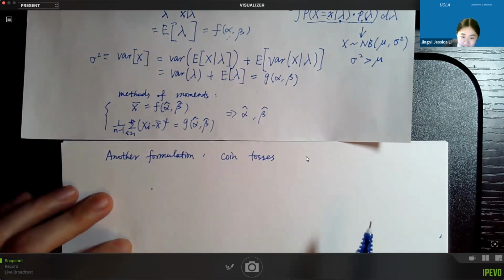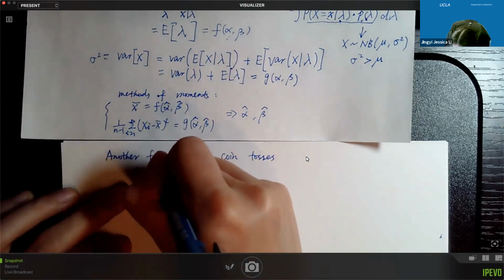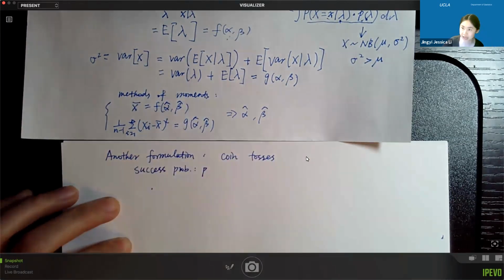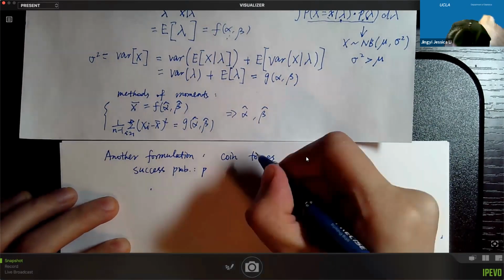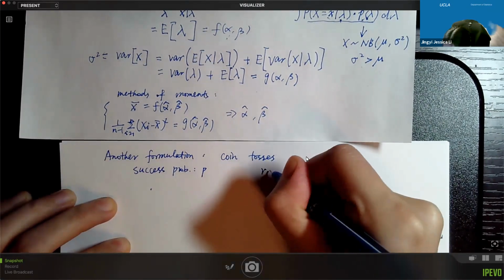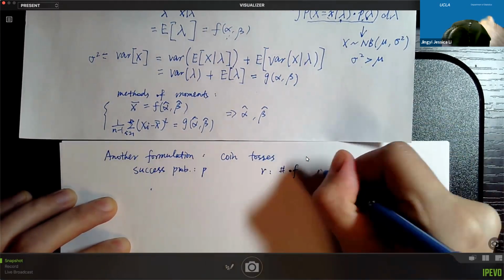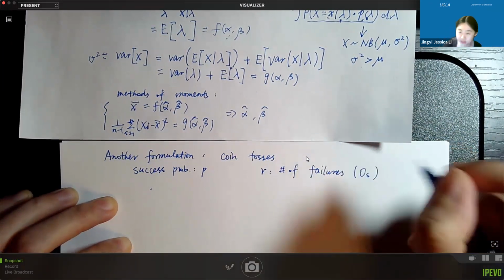The success probability is still called P. This is one parameter you need. The other parameter to get a negative binomial distribution is the number of failures. So R is the number of failures, or you can consider it as the number of zeros you get.